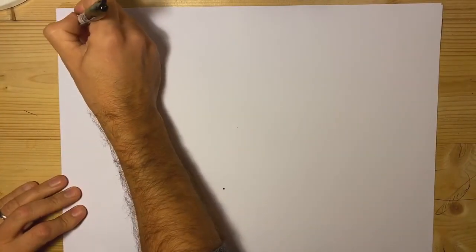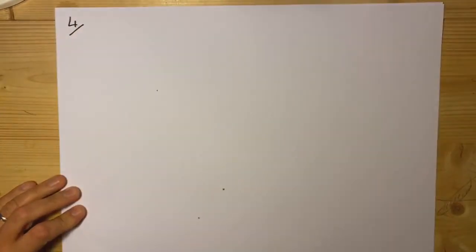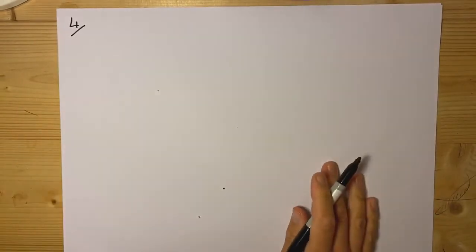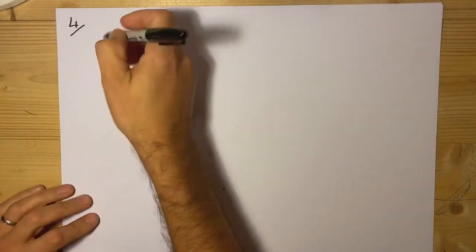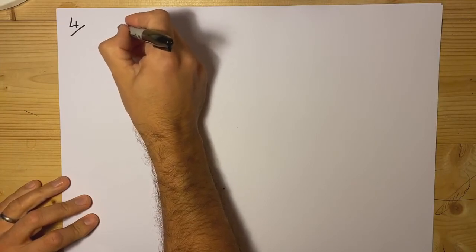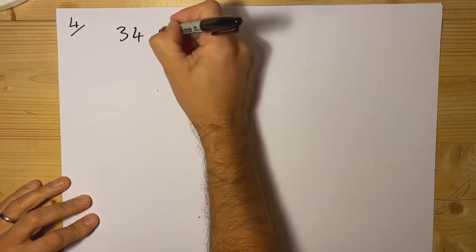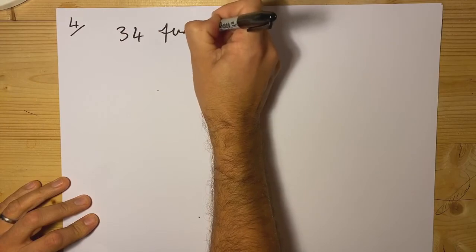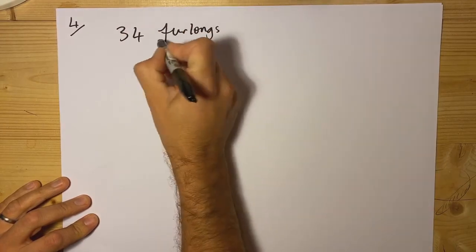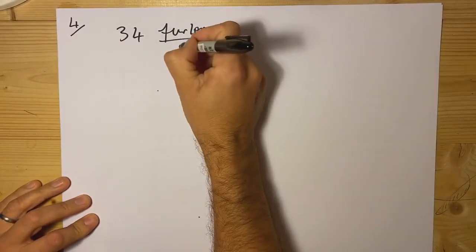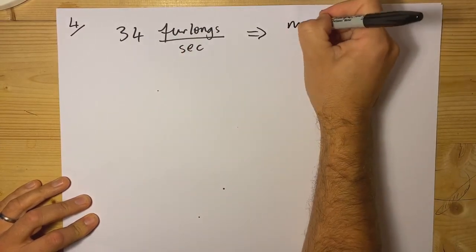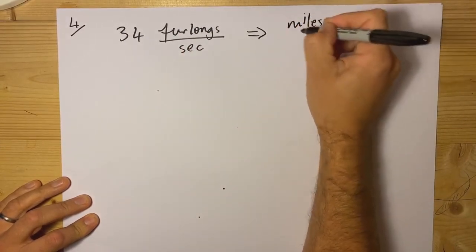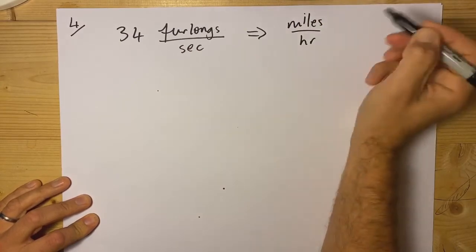Okay, finally, question 4 is another unit conversion one, and I think it is worth going through these because they're often ones that people can struggle with. So here I'm asking you to convert 34 furlongs. Furlongs is a distance often referred to in horse racing. Furlongs per second into miles per hour.